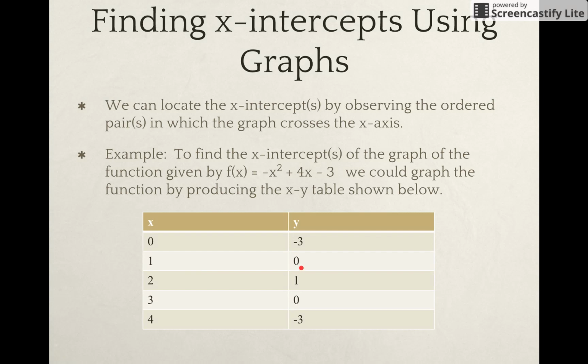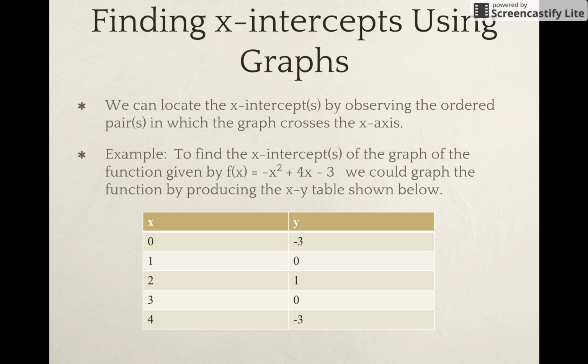And we see the ordered pair (1, 0) as an x-intercept, and the ordered pair (3, 0) as an x-intercept. But just as we said in App 2, sometimes the xy table may not have those intercepts on there, especially if the intercepts turn out to be a fraction or a decimal of some sort. And so we may have to go back to solving an equation.